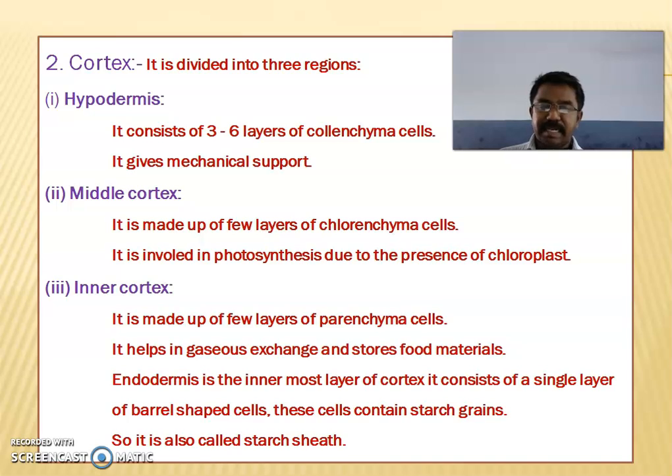The innermost layer of the cortex consists of a single layer of barrel-shaped cells. These barrel-shaped cells mainly contain starch grains, hence it is called the starch sheath.